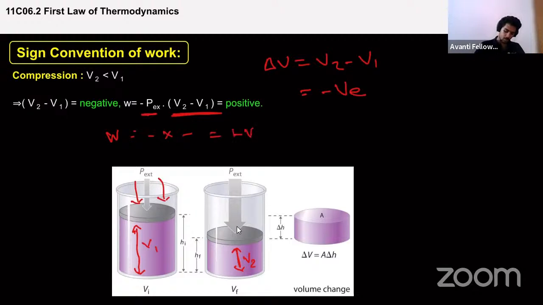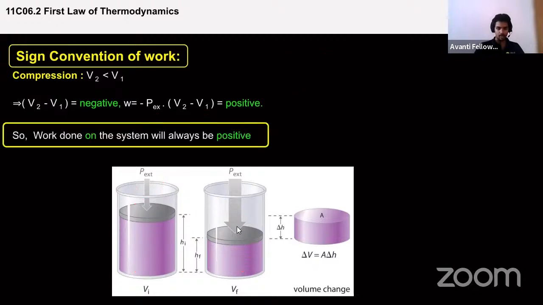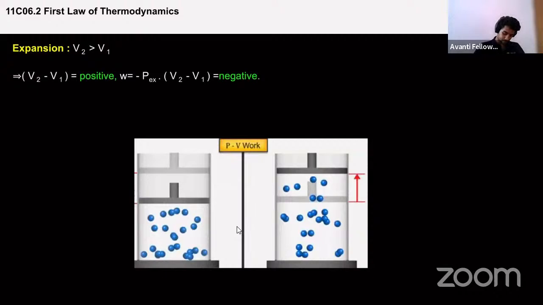That gives you a positive work. What does positive work mean? That means work done on the system. Clear with this small change in the sign convention, nothing more. The formula is exactly the same, it is not changing. Work done on the system will always be positive and work done by the system will always be negative. This is called PV work, pressure volume work.